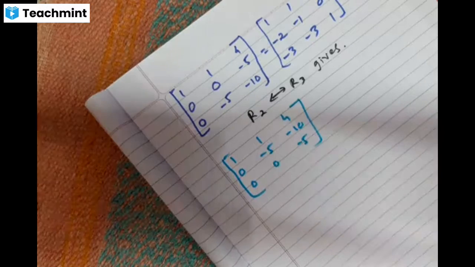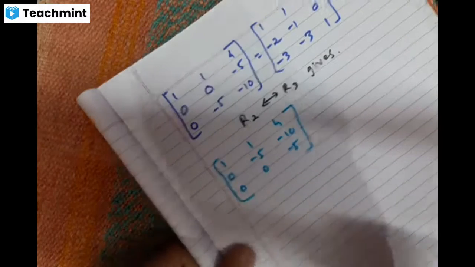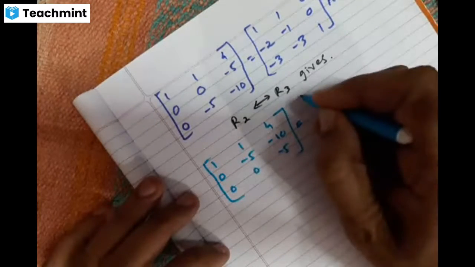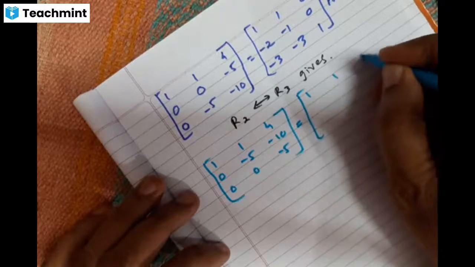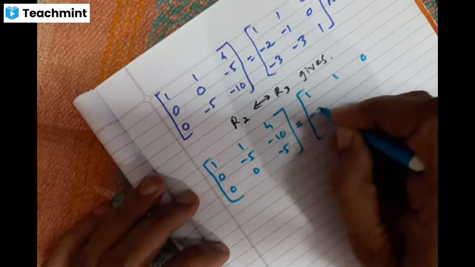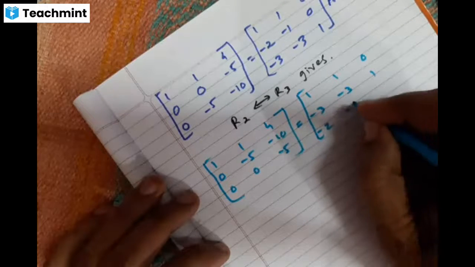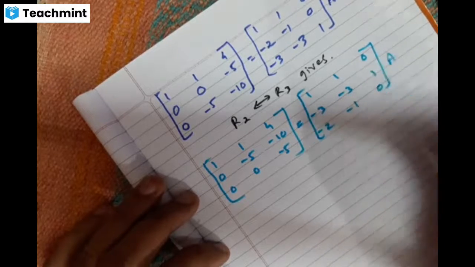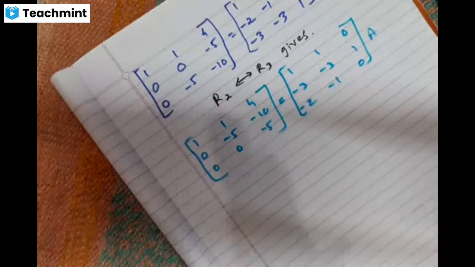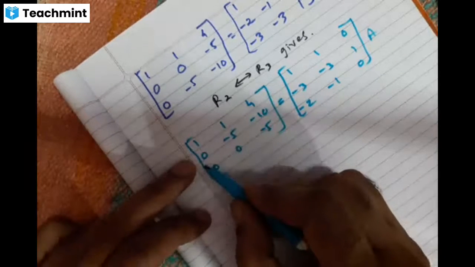And the same operation we have to apply on the right hand side. Right hand side will be 1, 1, 0, and this will be minus 3, 1, minus 2, minus 1, 0 into A. Okay, right?